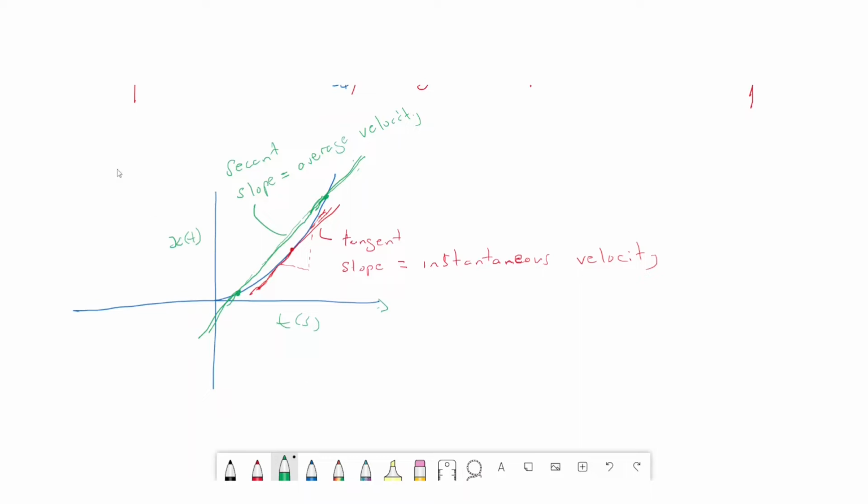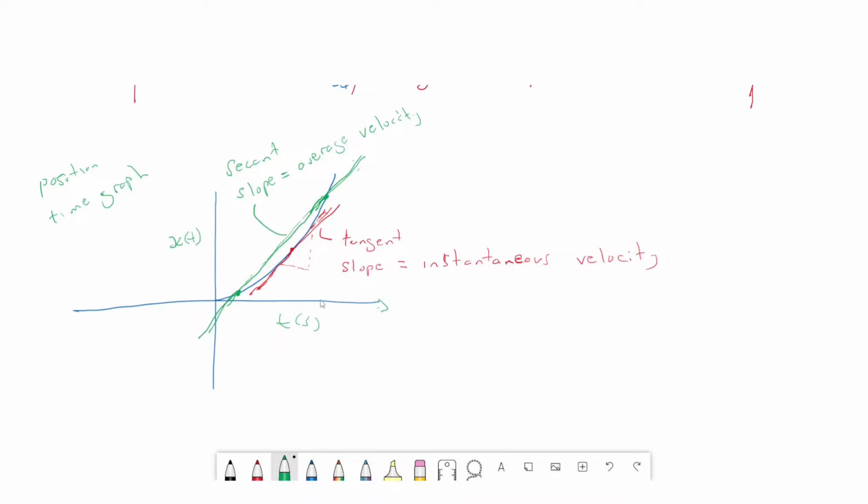Now this xt graph is known as the position-time graph. It gives you the position of the object at any given time.